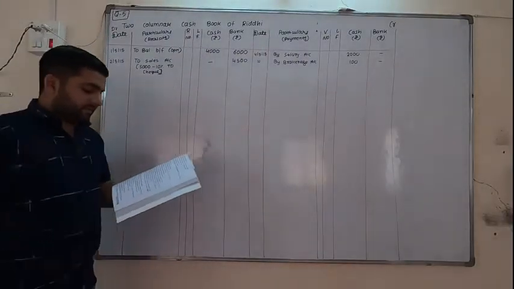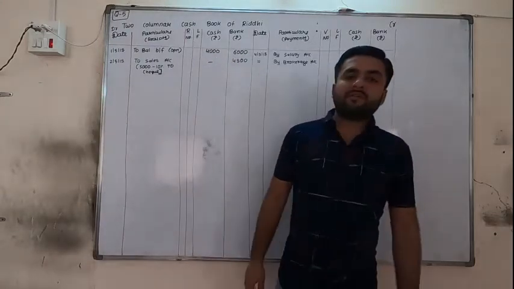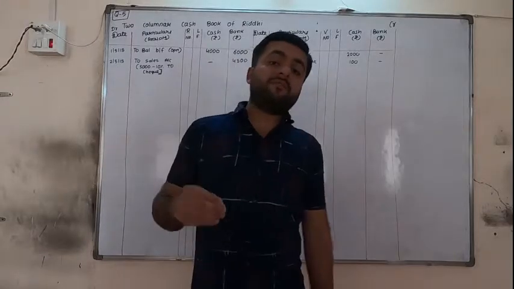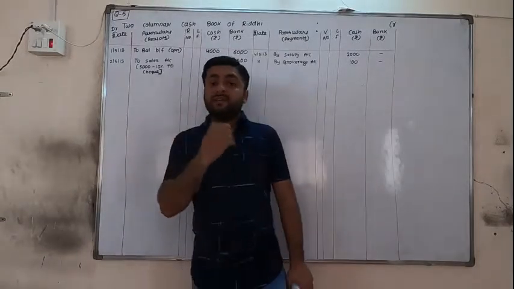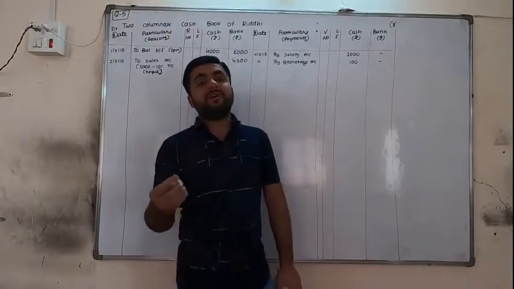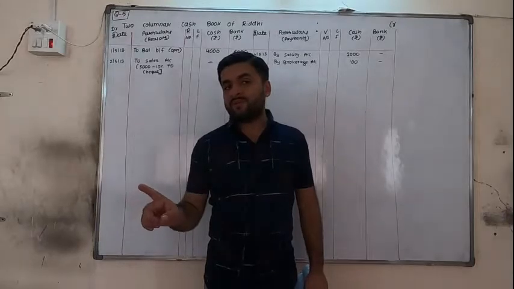Next, 3,000 withdrawn from the bank for personal use. We have learned contra transactions. When we withdraw cash from the bank or deposit cash into the bank for business, that is a contra transaction. But here we are withdrawing for personal use, not for business, so this is not a contra transaction.